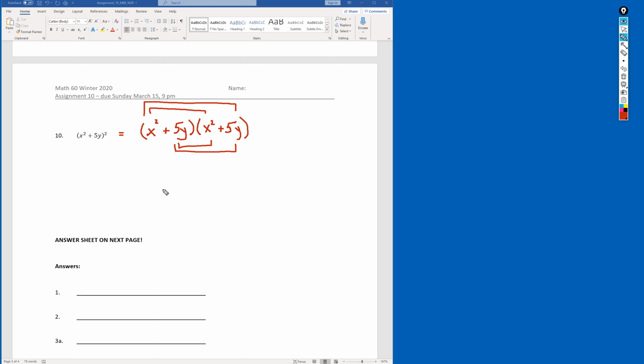Last. So our first is x squared times x squared. Our outer is x squared times 5y. Our inner is 5y times x squared. And our last is 5y times 5y.